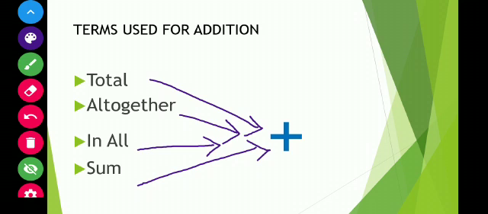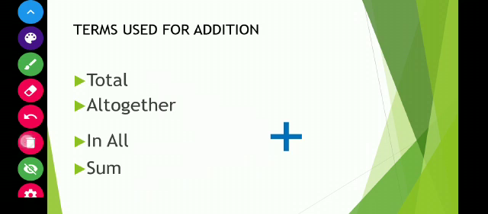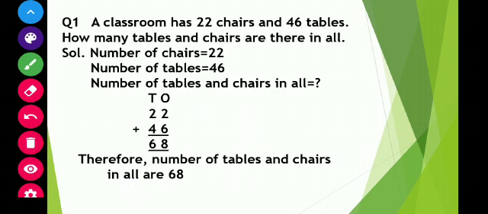Now let us take some examples. Our first question is, a classroom has 22 chairs and 46 tables. Children, first information in the question is given about the number of the chairs in a particular class, which is 22.